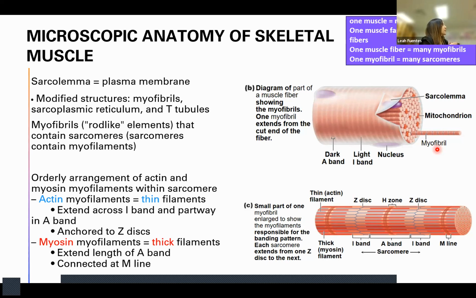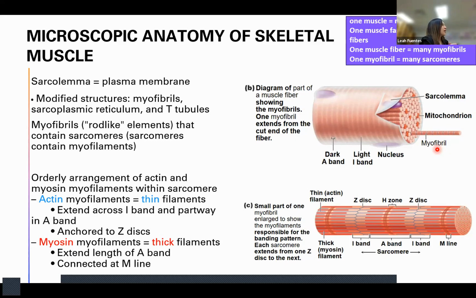Those myofibrils contain the sarcomeres. And then we have the orderly arrangement of actin and myosin myofilaments within the sarcomere.